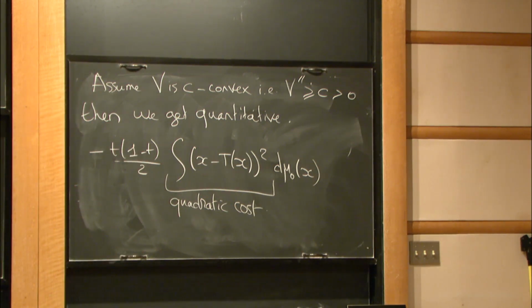Okay? So may I ask, all these conclusions are not dependent on whether T is optimal or not? No. So no for A and B, and yes here. Here we need T to be optimal.